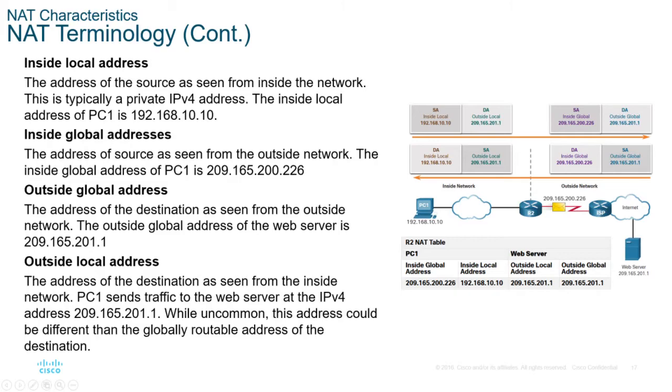So they're less important, besides the fact that they will both be the exact same address. Again, if it was, say, Reddit that I was attempting to go to, both the outside local and the outside global would be that 151.101.53.140 address. And that's fine.